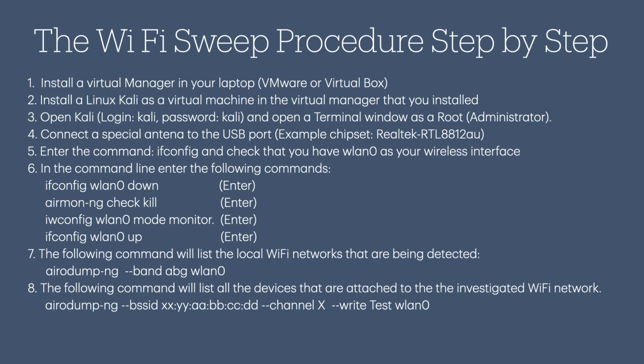If we discover a suspicious MAC address, we need to implement all the methods and procedures that are studied in this course, so the suspicious device will be discovered and verified. So this is basically the procedure, and now I will show you this sequence in practice, so it will hopefully be clearer.